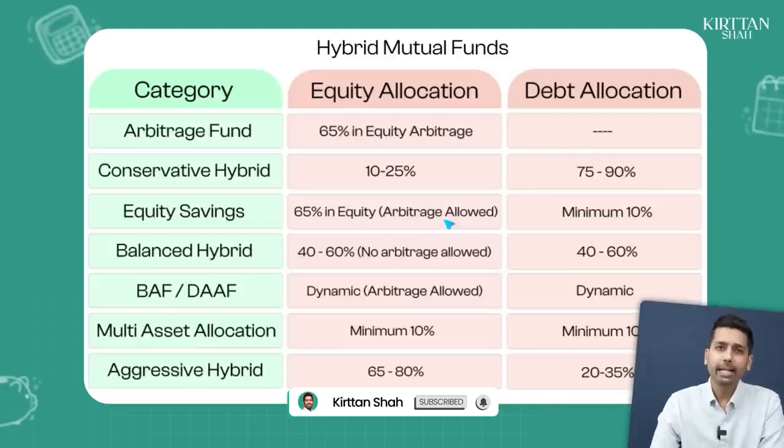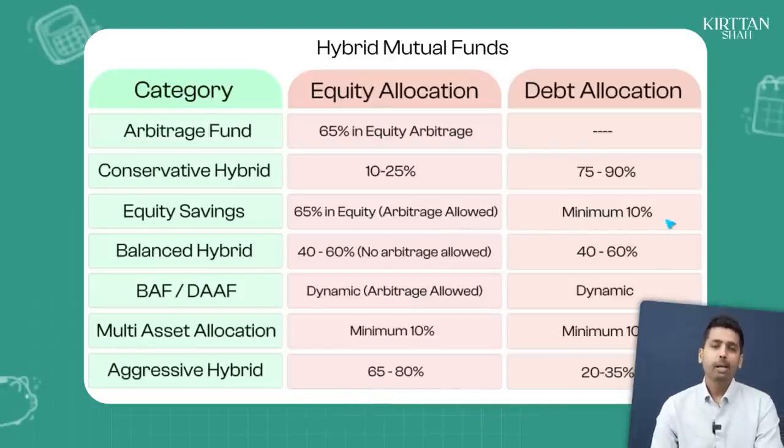But the minimum that needs to be in debt is 10%, like the table already tells you. What's the beauty of this particular product? Now, even when the category allows that you can have 65% in equity, not this entire money is invested in equity. Only 10 to 20% of this money is invested in equity. The remaining is invested actually in arbitrage.